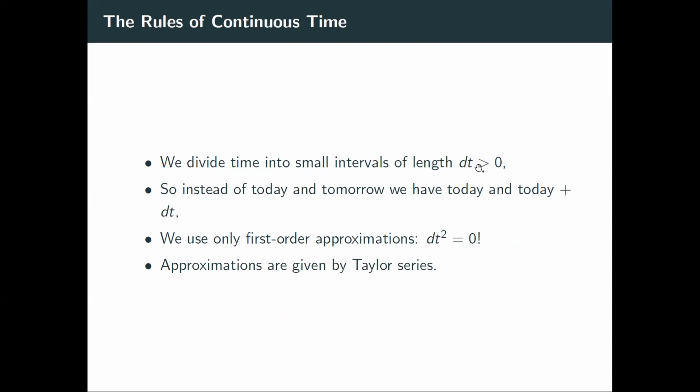We will still assume it's strictly positive. It's not 0. It's like epsilon from calculus, something small, but not exactly 0. And when you finally need it, you can approach it to 0, taking the limits and everything like that. But until the very last moment, you always assume it's something small and positive.